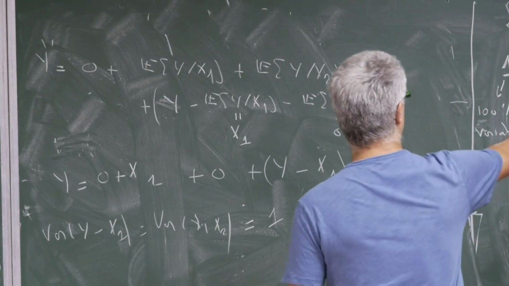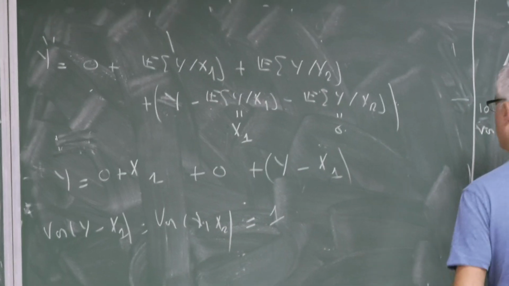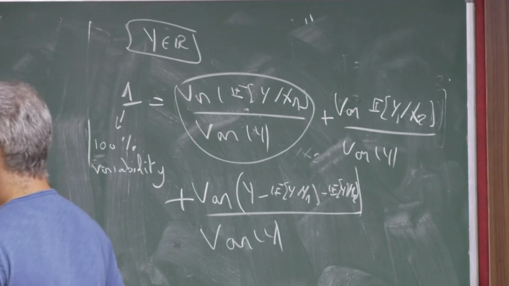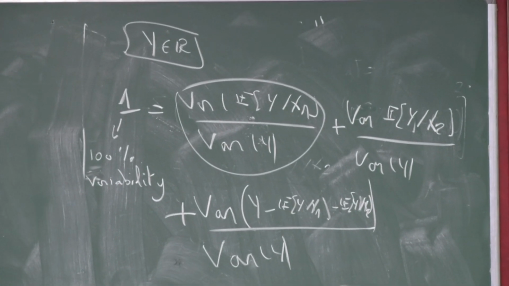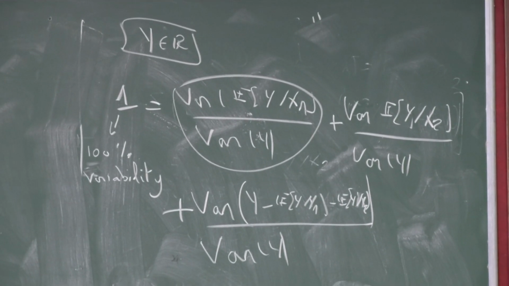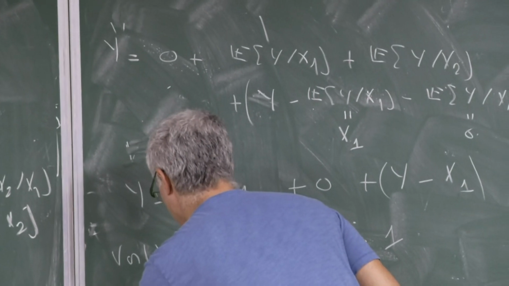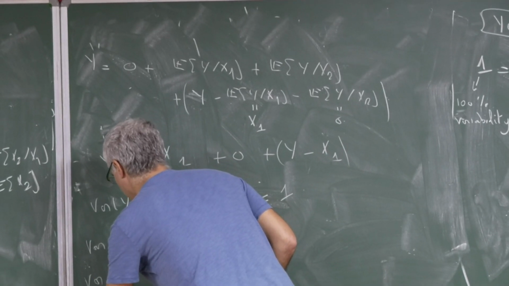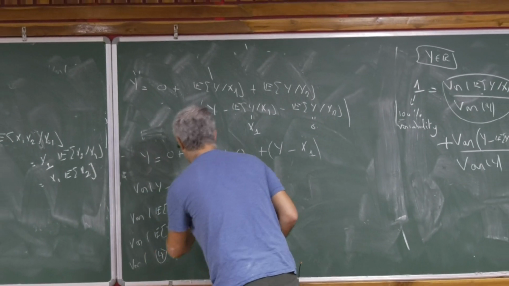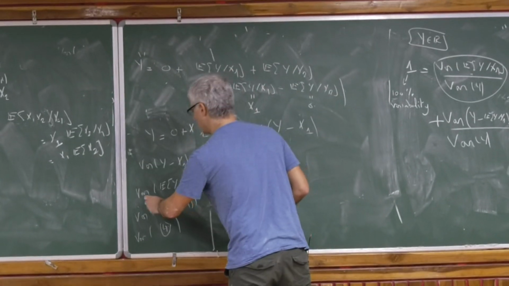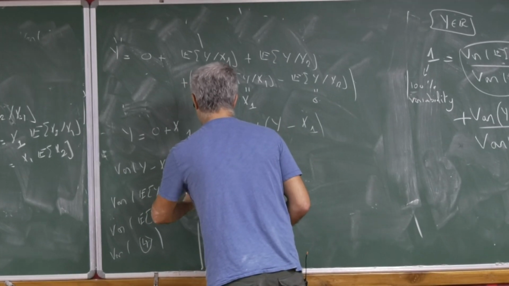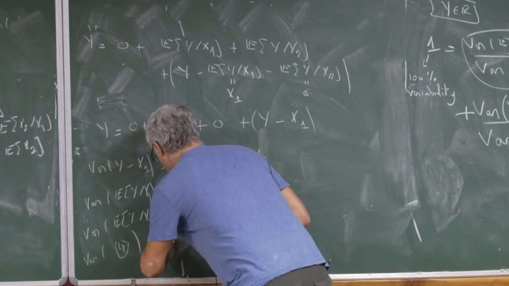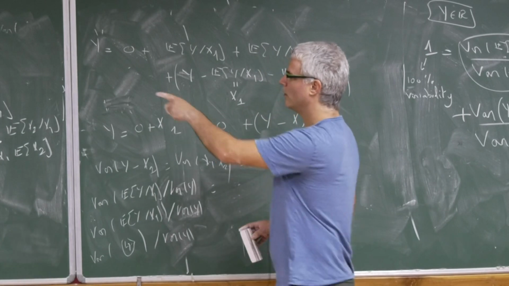So now, if I compute the terms I have here, divided by the variance of y, that will be the first one.